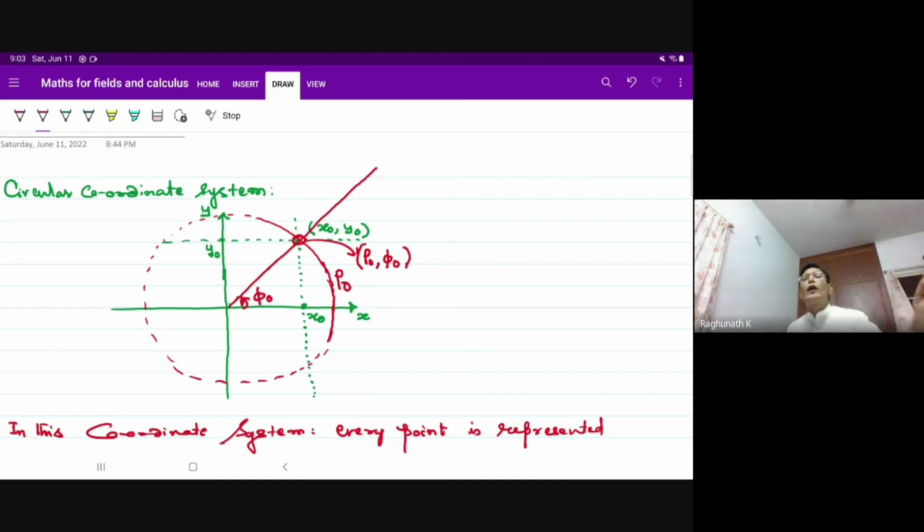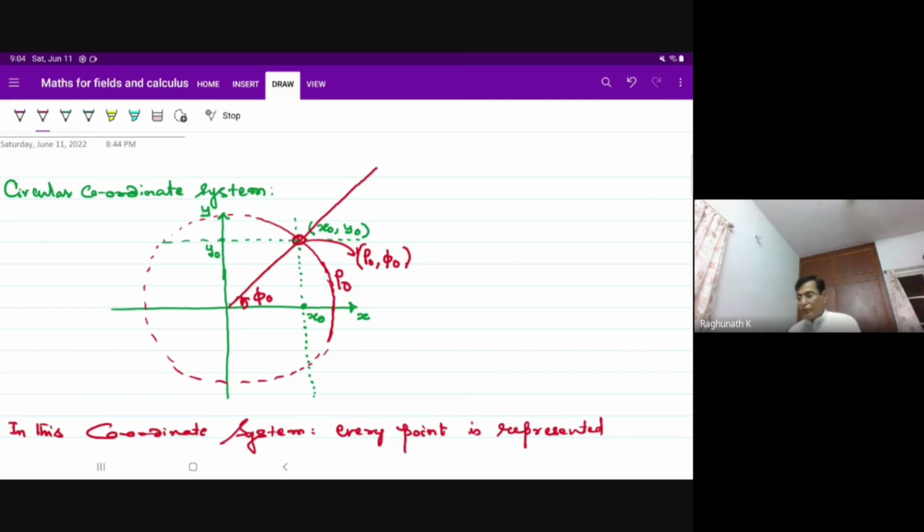First thing that I want to talk about now is how to calculate the Cartesian coordinates of a point given its circular coordinates or vice versa. Check it now.